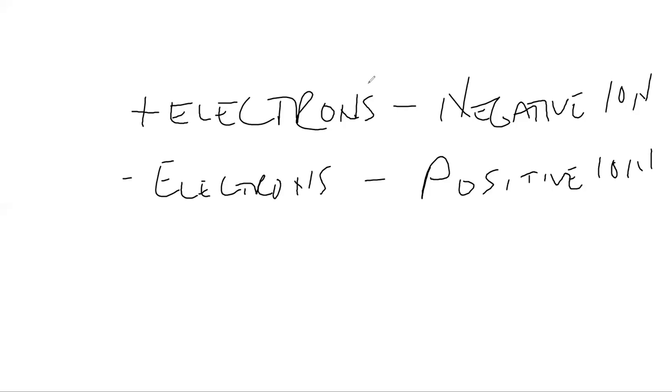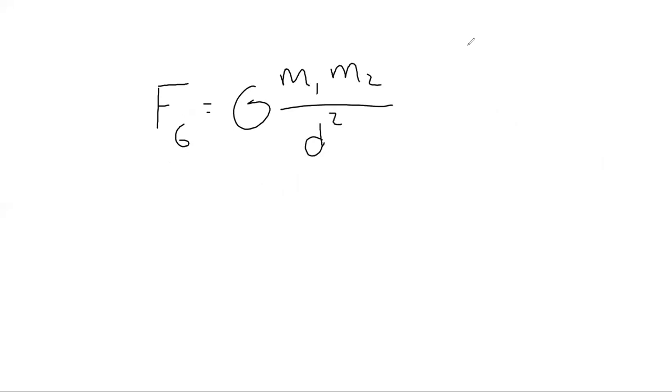Now, the cool thing about the electric force that we're talking about is that it behaves very similarly to the gravitational force, right? So the force of gravity was capital G times M1, M2 over the distance squared, right? That was for gravity.